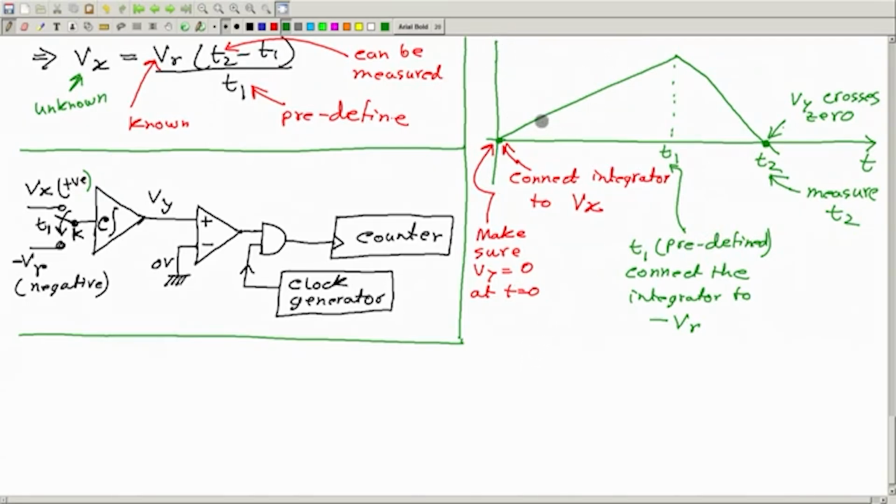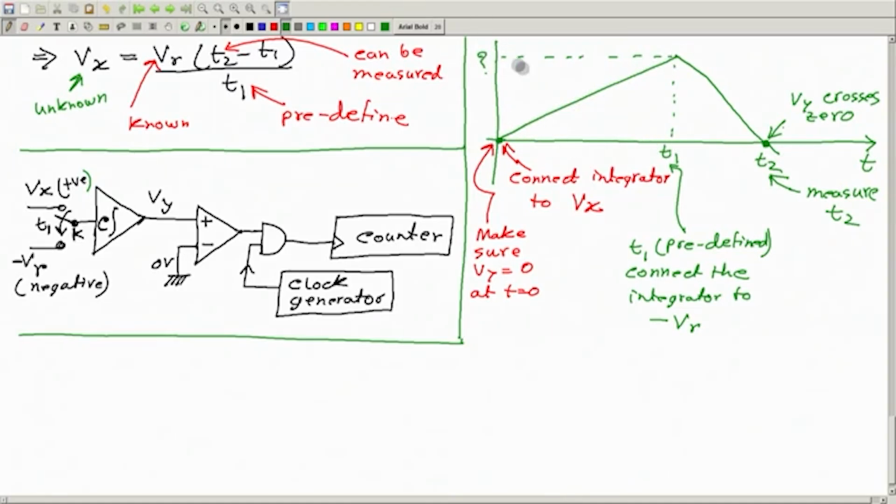Now, from this what can we say? So how much is this height? What can we say about this height? We can say, okay, this height is same as the slope multiplied by this time.